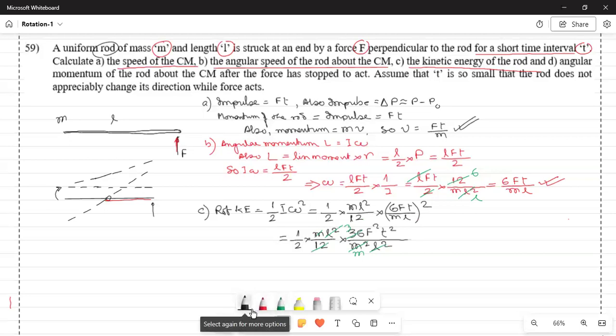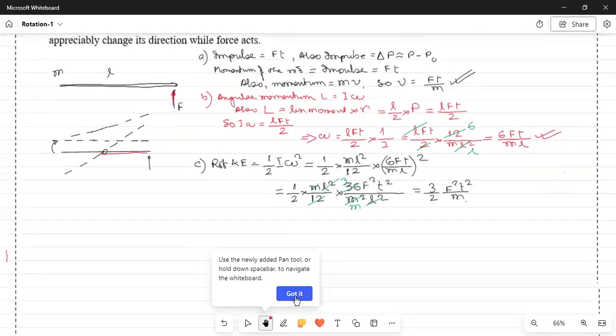So what we are left with finally is 3 by 2, 3 by 2 F square t square by m. Fine. Now we have got rotational kinetic energy.